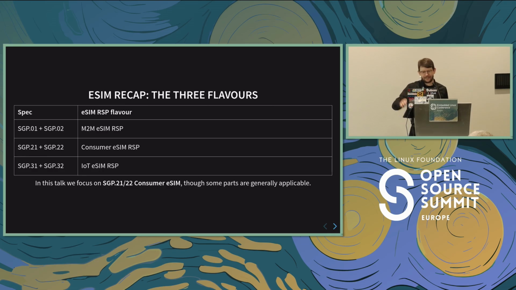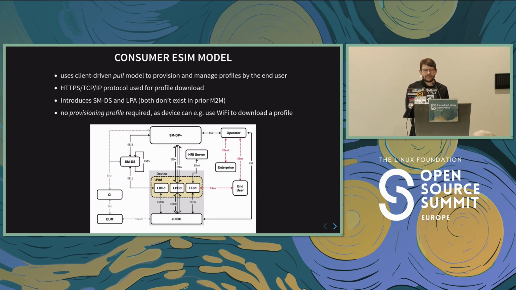The IoT has some overlap with the consumer. Now, as I said, I'll get back to those details, but let's focus on the consumer eSIM now, because that's the only thing that you can get today at minimum order quantity 1 from virtually any operator. So therefore, it is, from my point of view, the most interesting technology.